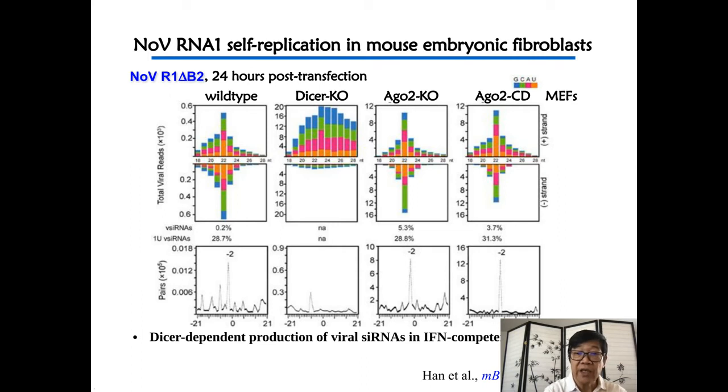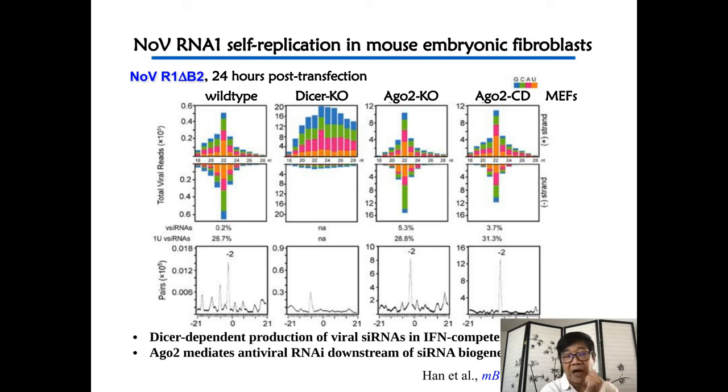So these indicate that production of viral siRNA is Dicer dependent, and Ago2 is not required for viral siRNA production, but is required for the activity of these siRNAs.